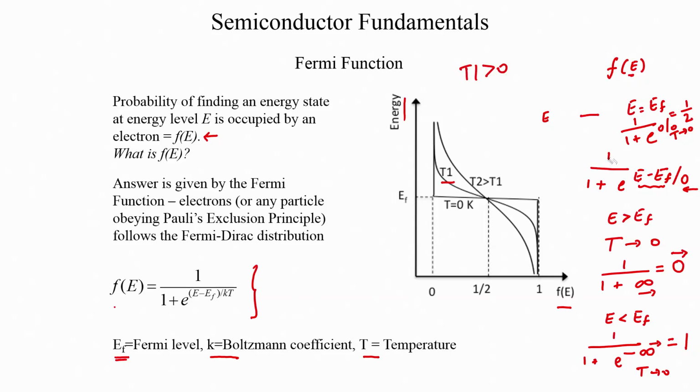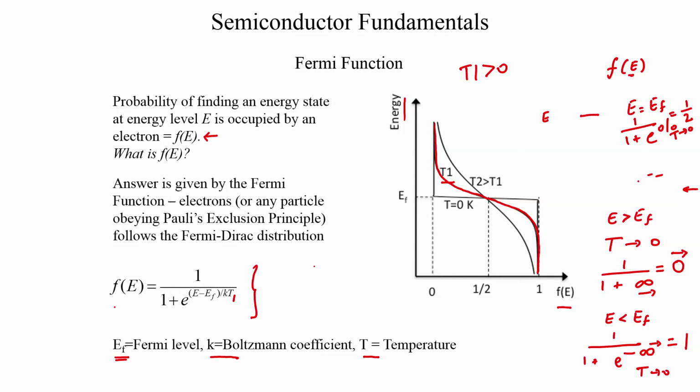Now what happens to f of E? If you plot this function for some temperature T1, you will find that it deviates from its t equal to 0 shape and has a shape that looks like this.